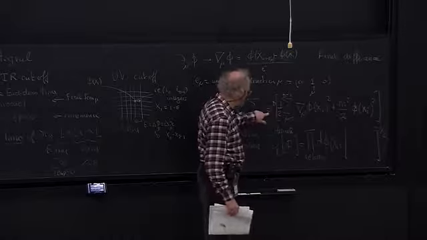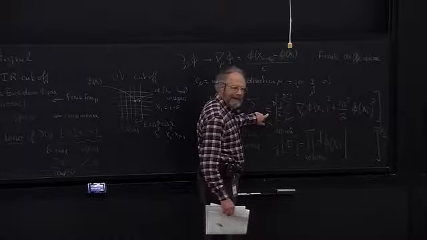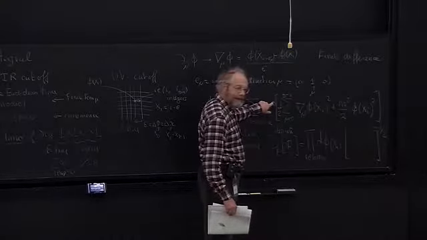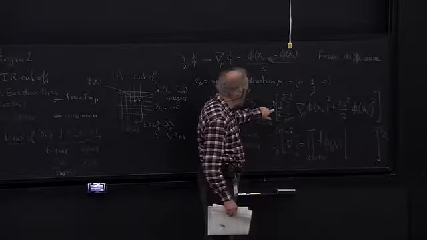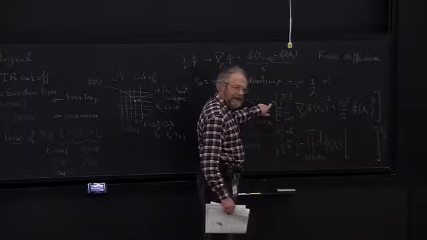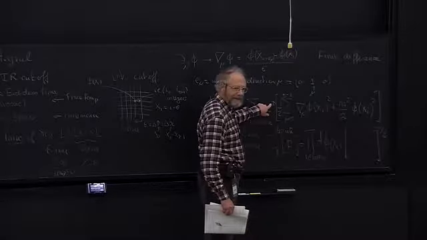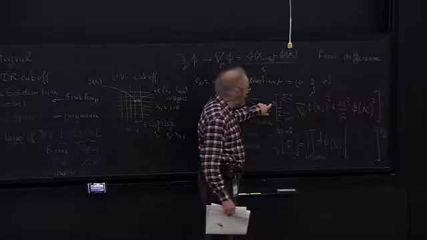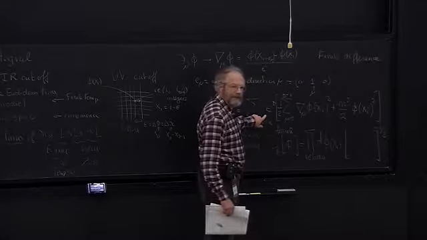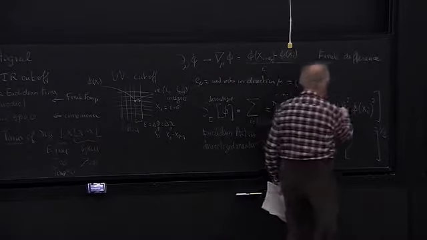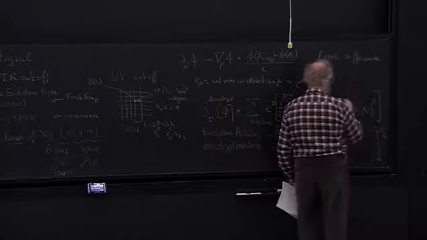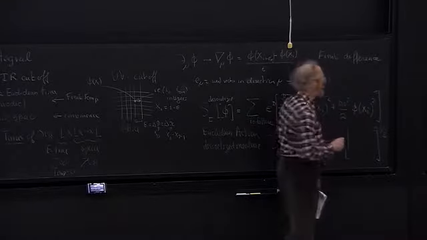So the mass is epsilon to the d minus 1, and the time interval is epsilon. So the mass here is something different. It's not the mass of the field.